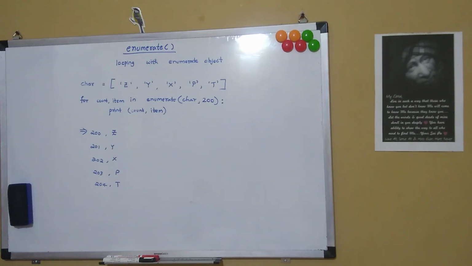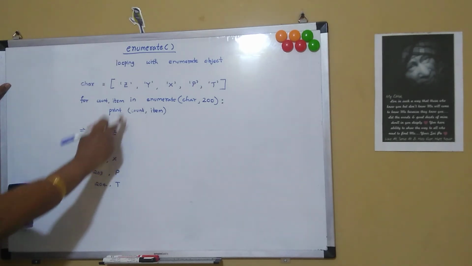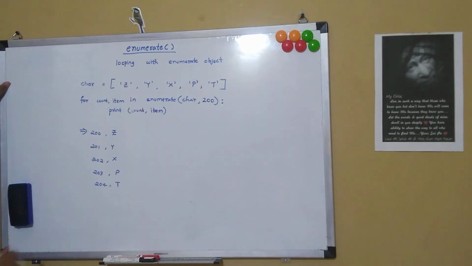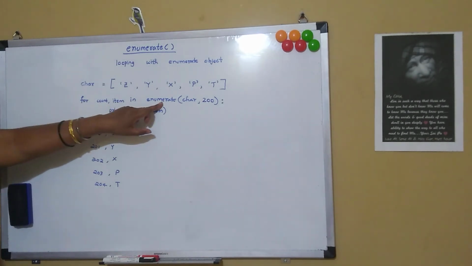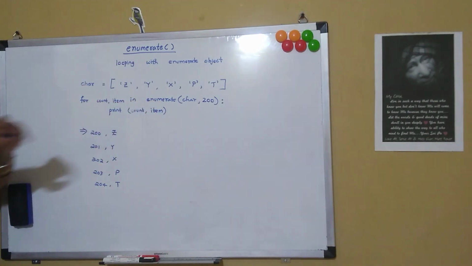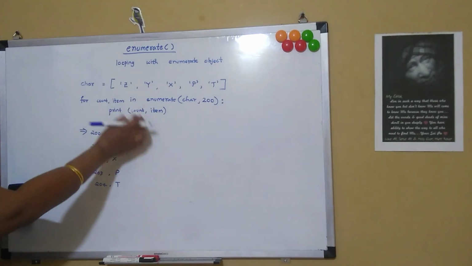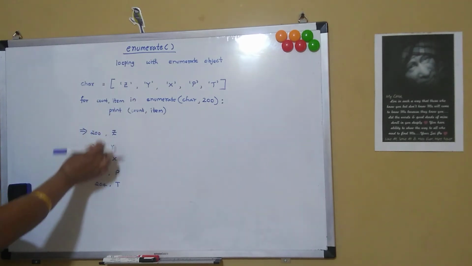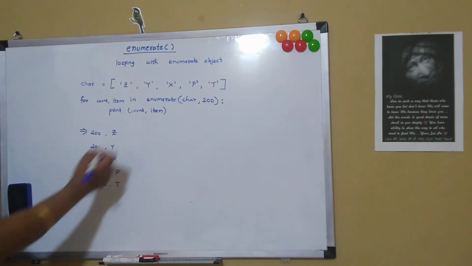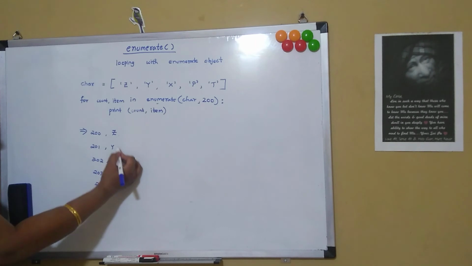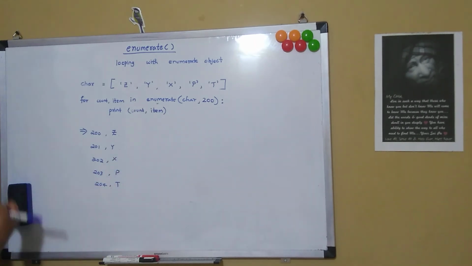So at any point of time, if we want to know what is the counter value associated with each of the items in the iterable, we can use the enumerate built-in function. It comes in handy in such scenarios. We need not have a variable to increment the count value and then display it. It will automatically increment the value for each of the iterations.